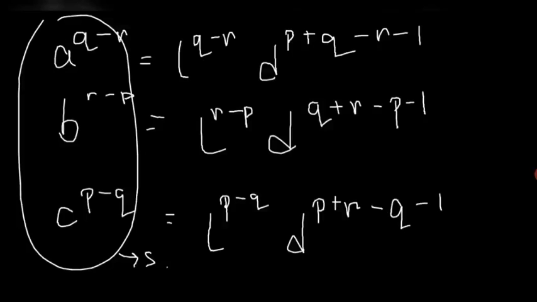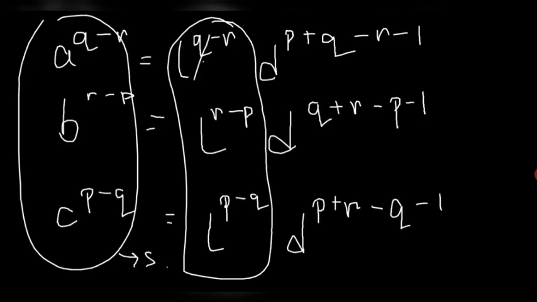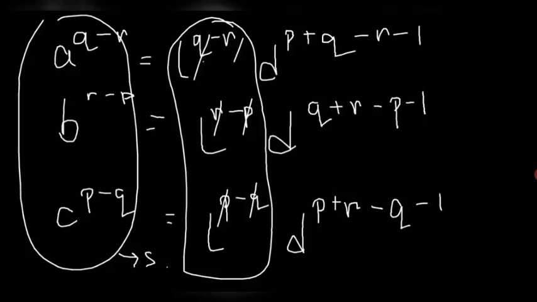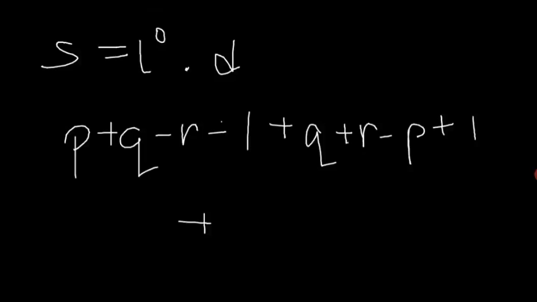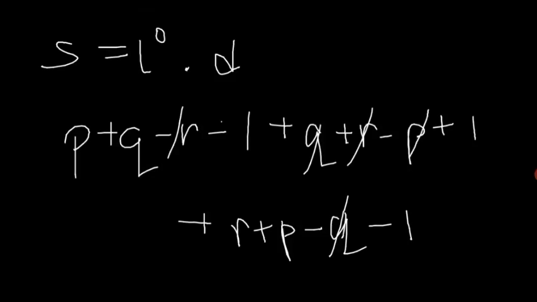If you add the L exponents, q gets cut, r gets cut, p gets cut, it becomes L to the power 0 into d to the power, I'll write this whole thing, p plus q minus r minus 1 plus q plus r minus p and so on. q gets cut, r gets cut, p gets cut.